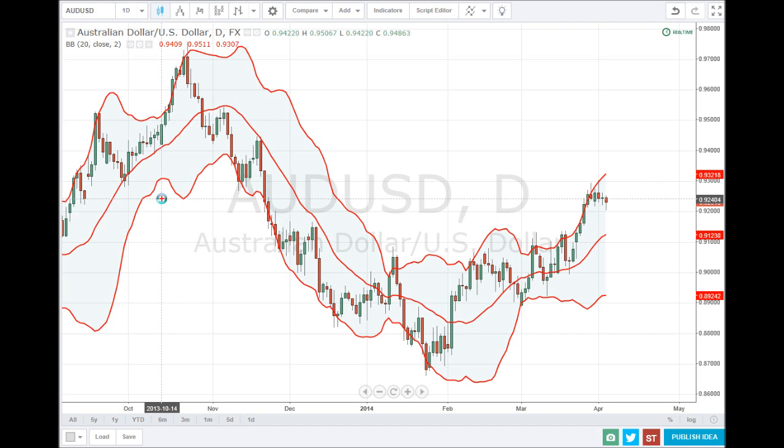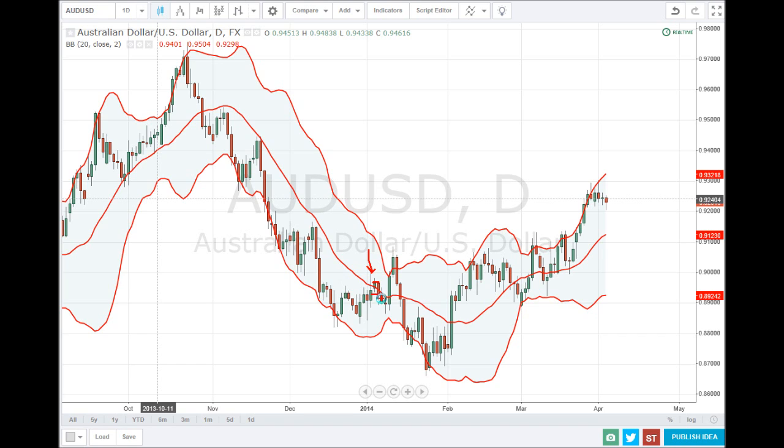Price once again pulls back. We reach the area of this middle band and we have another bearish engulfing, and price falls on the downside. Price reaches this middle band again and we have a pin bar followed by a bearish engulfing candle.